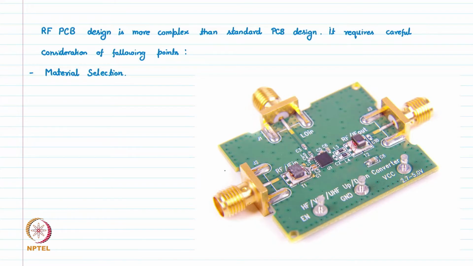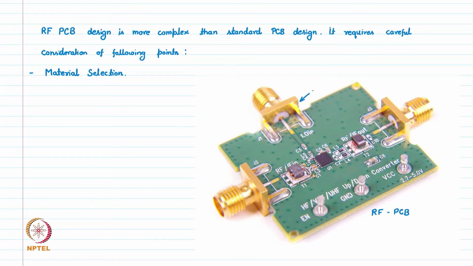So, here in this photo we have a sample RF PCB. We can see this RF PCB looks somewhat different than our standard PCB, where any signal which comes on the PCB comes through this special type of connectors.